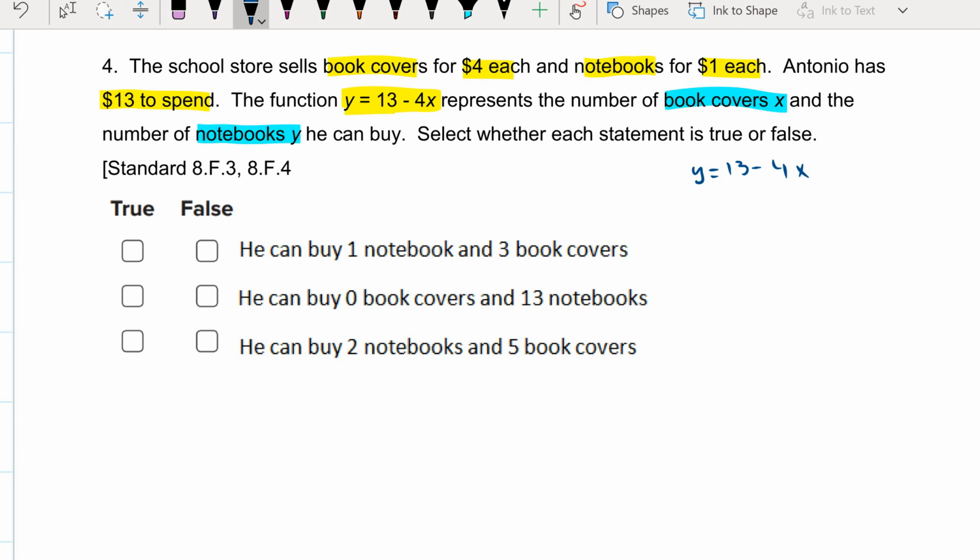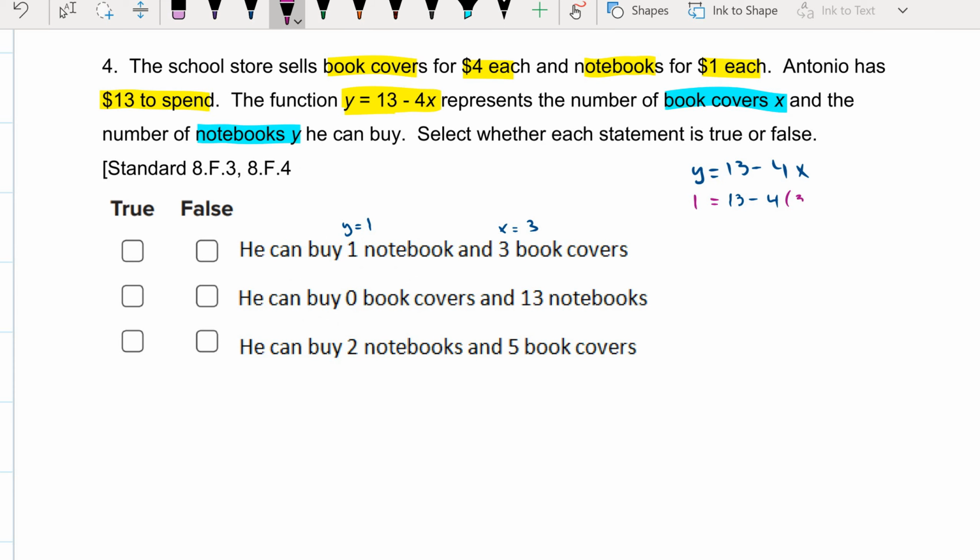So the first statement: he can buy 1 notebook and 3 book covers. So book covers is x equal to 3, and notebook is y equal to 1. We want to check whether this point is part of the solution, so we're going to plug it in. y is 1, 13 minus 4, and x in this case is 3.